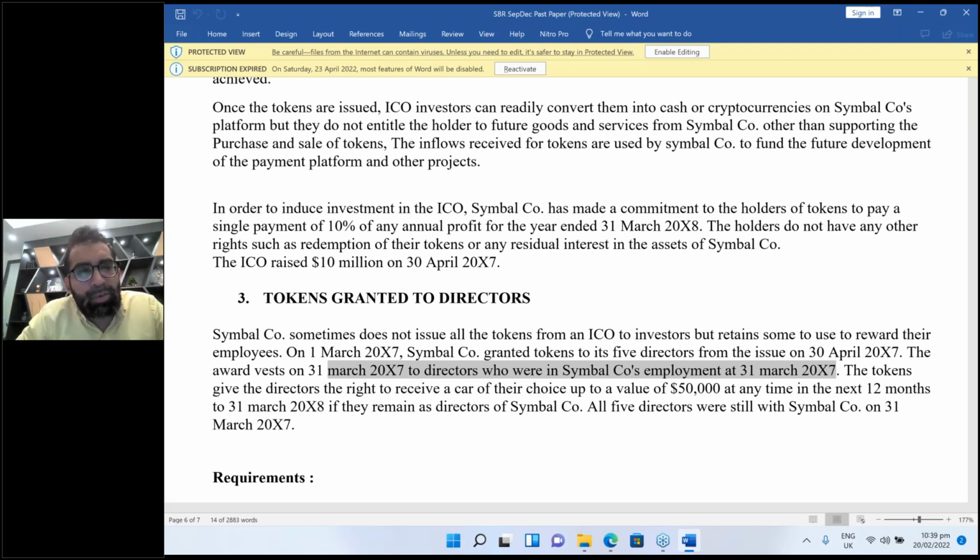So yes, you need to make the entry debit expense and credit current liability, because you have to provide within 12 months, and this is a short-term benefit. Did you understand? First tell me.